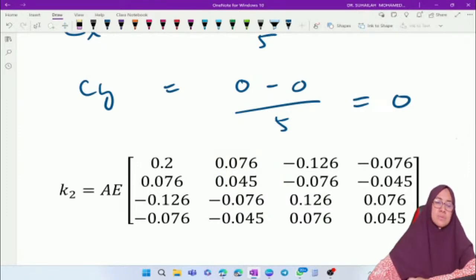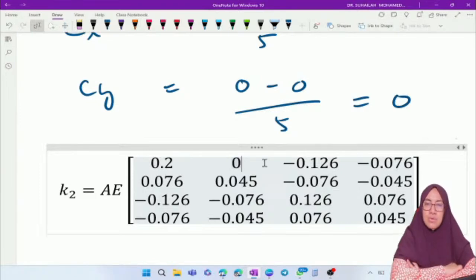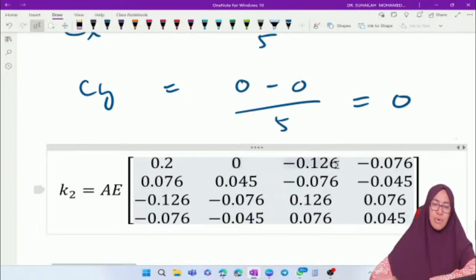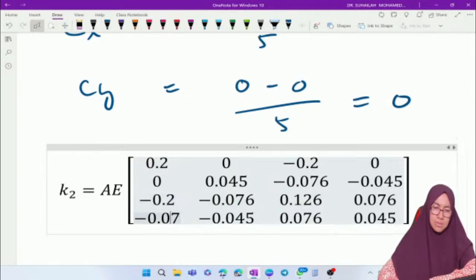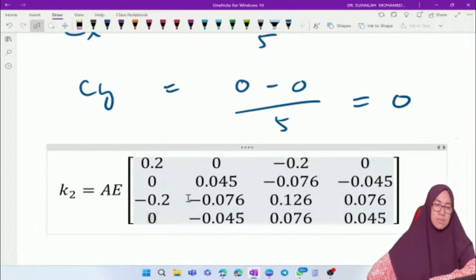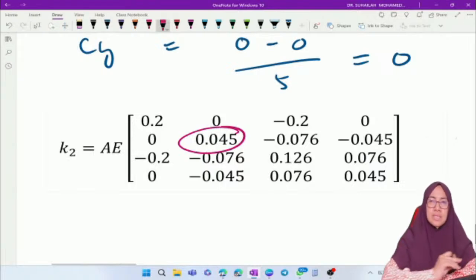So this will be 0, and then negative 0.2, then 0, 0. Okay. This value is Cy squared.